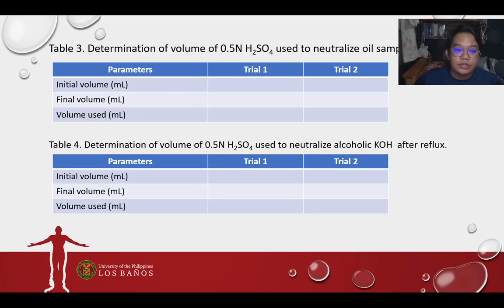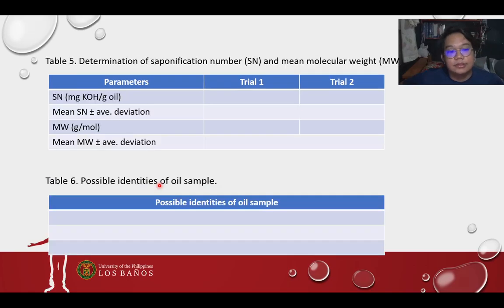Next is the determination of volume of 0.5 normal sulfuric acid used to neutralize oil sample after reflux. And the determination of volume of 0.5 normal sulfuric acid used to neutralize the alcoholic KOH after reflux. So basically, this is your sample and this is for your blank. Then for number 5, determination of saponification number and mean molecular weight of the oil sample. So this is for your derived data.